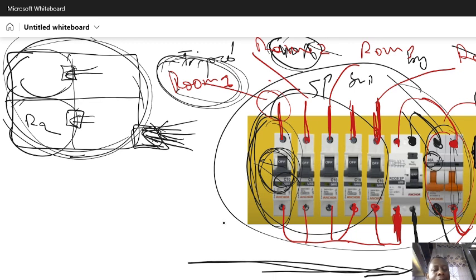That's why if, for example, you put a high load in this room or in this block, when the load draws a high current above the rating of the circuit breaker, the whole block or room will shut down. Why? Because the load needs more current than the rating of this circuit breaker. Same as this room, same as here.